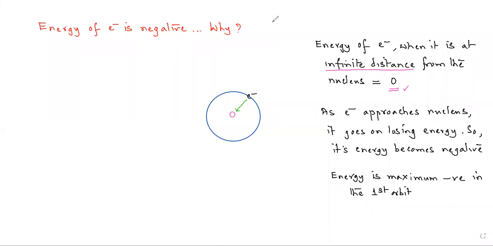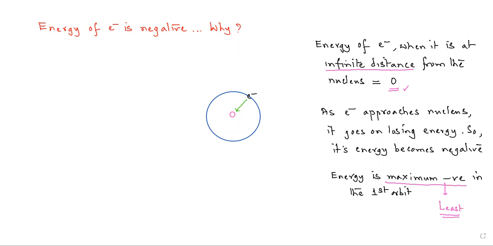Maximum negative, nothing but least. Least energy in the first orbit. Okay, so that is how we can explain the negative energy of electron.